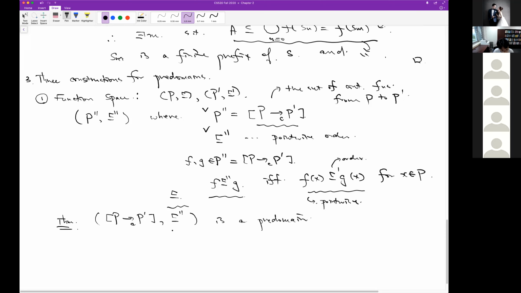In other words, this order for functions is a partial order: it's reflexive, transitive, and anti-symmetric. So this is a partial order. Also, every chain has a least upper bound.